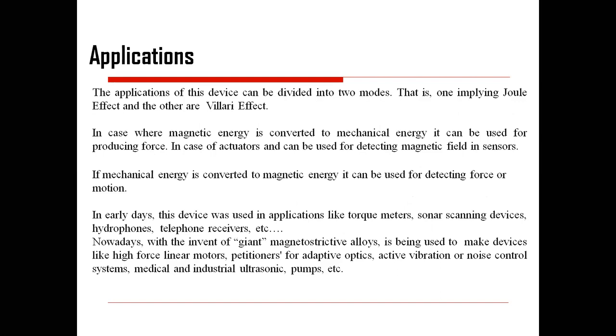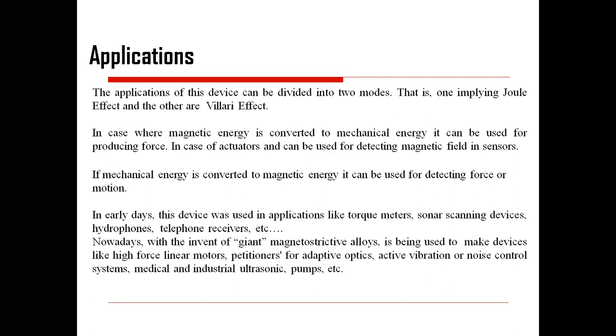Now, what are the different applications that can be carried out using these aspects? There are a large number of applications that can be carried out using this magnetostrictive transducer. As it is bifurcated into two modes, one is Joule's effect and another one is Villari's effect.